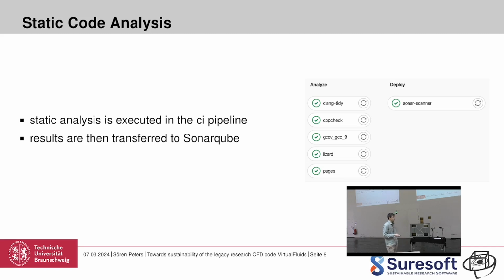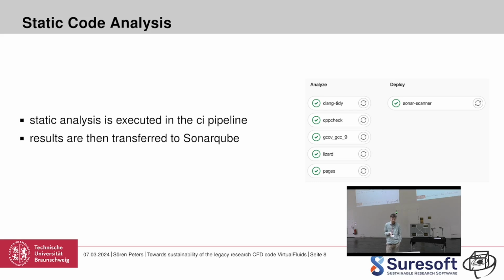As I said, we have these jobs integrated in our continuous integration pipeline, and then we do another step. We deploy these results on a self-hosted SonarQube server. SonarQube is basically a visualizer for these quality results, and it's free if you want to host it by yourself.